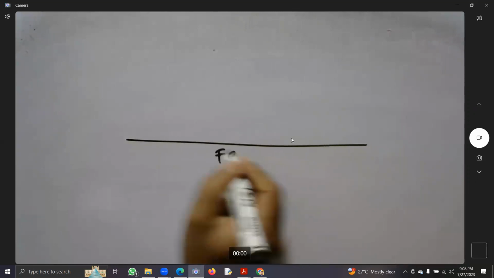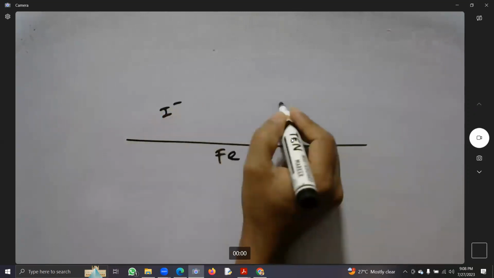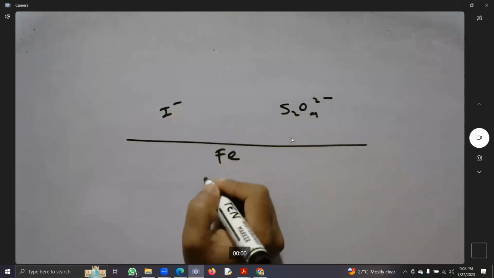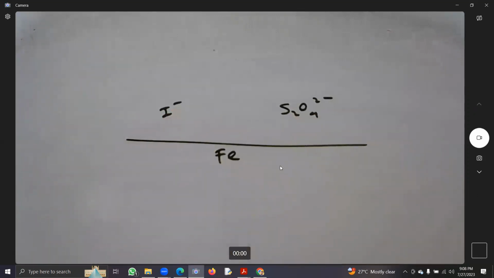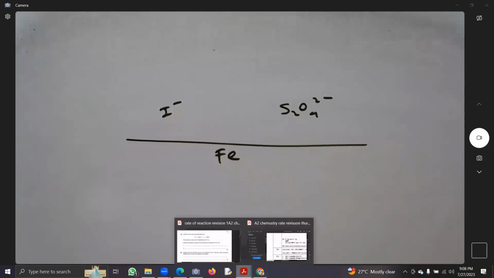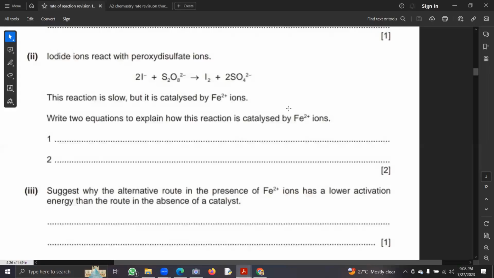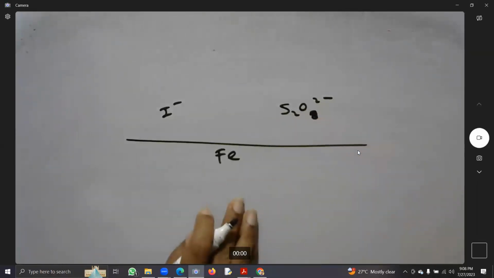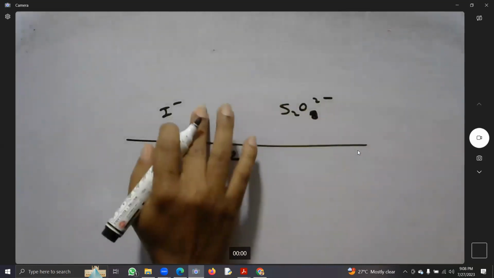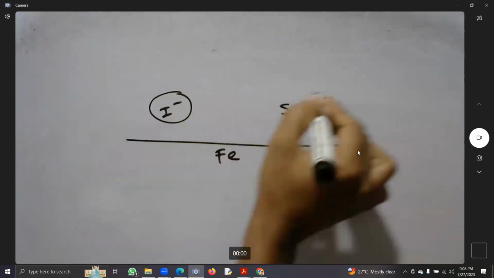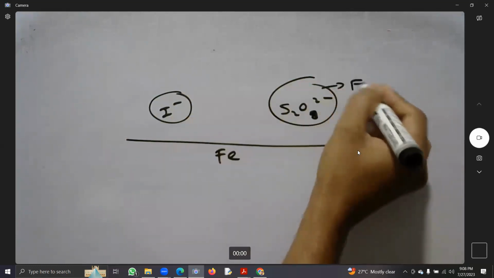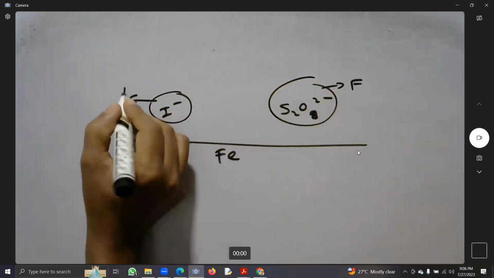This is I minus, and the other one is S2O8 2 minus. So can you say they will repel each other. The idea is they are repelling each other and can't come together.